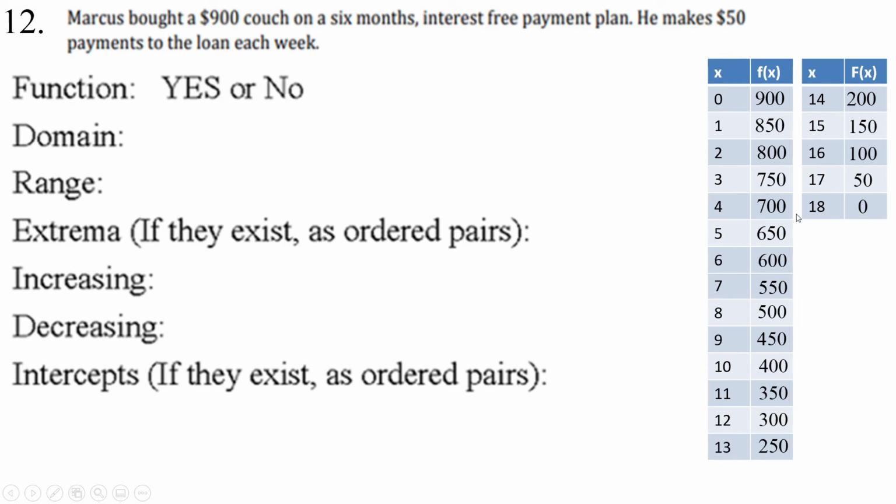So it's going to take him 18 weeks to pay off this loan. So is this a function? Well, every input has one and only one output. And by the way, this is a discrete function.